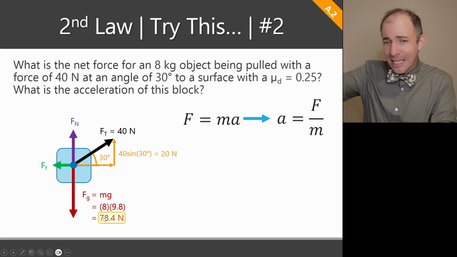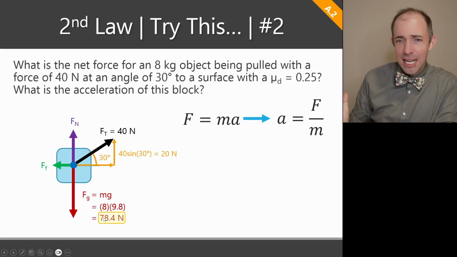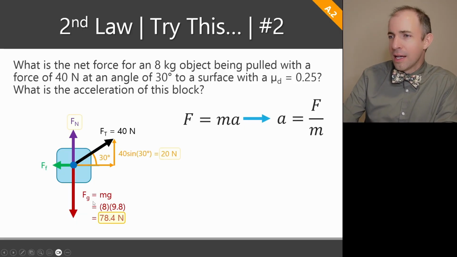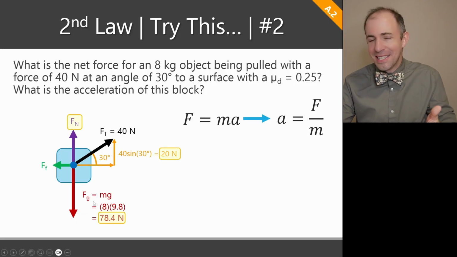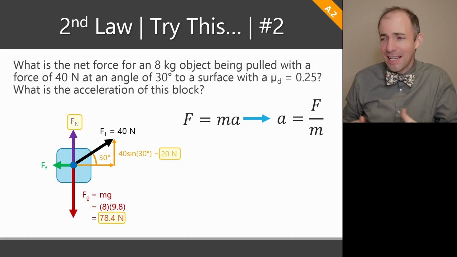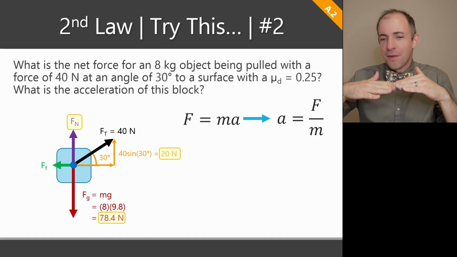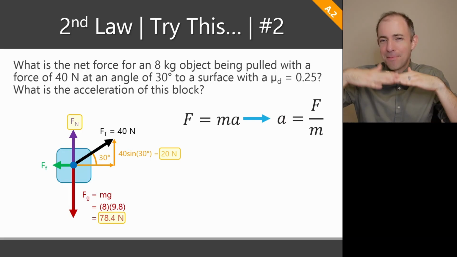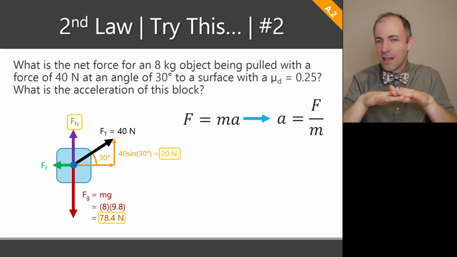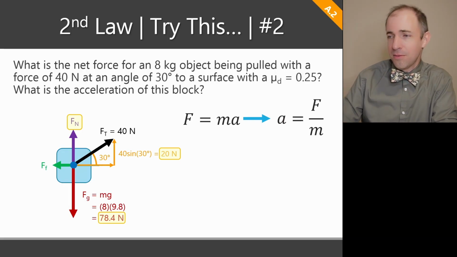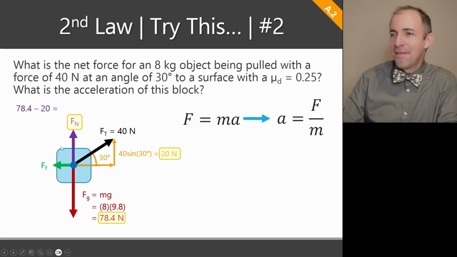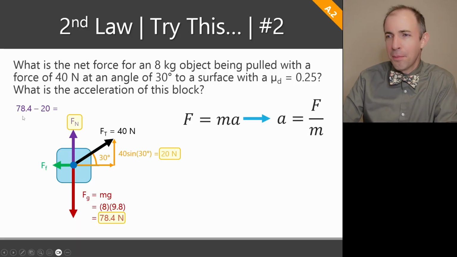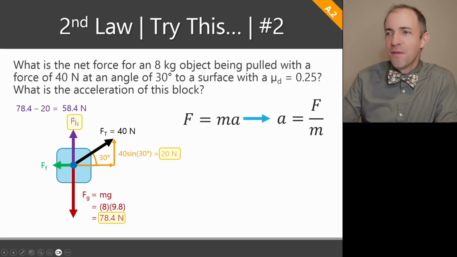Going down, I've got 78.4 newtons of force, and going up, I've got Fn and 20. That should add up to the same thing as Fg, because in the vertical direction we are not accelerating up or down. We expect that to be in equilibrium, so the only net force is going to be horizontal, causing that acceleration, which means Fn is just going to be the difference: 78.4 minus 20, or 58.4.